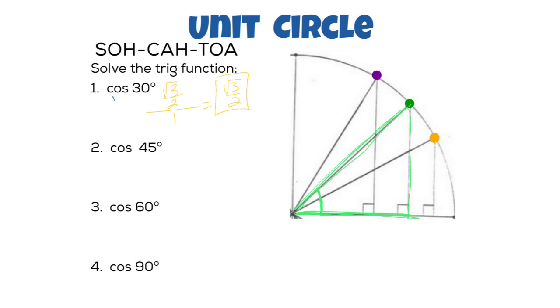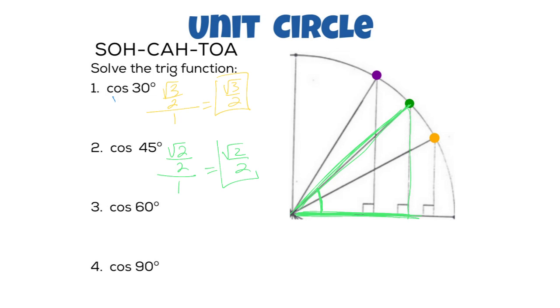Hypotenuse is right here. Well, hypotenuse again is just 1. What was the adjacent? What was this leg in our 45, 45, 90 on the previous slide? And of course, you're saying, oh, well, that was root 2 over 2. So adjacent is root 2 over 2 over 1, really just equals root 2 over 2.